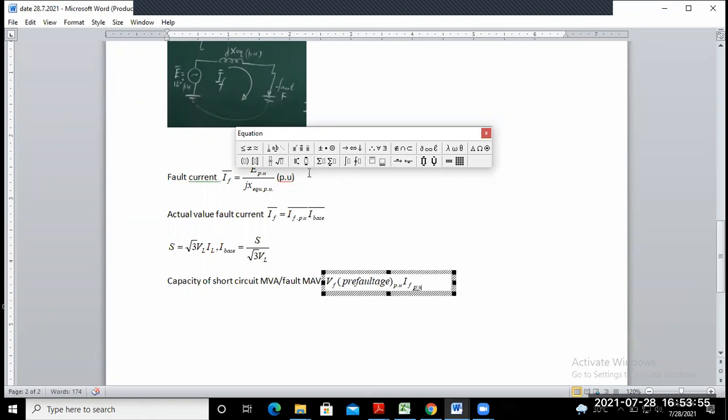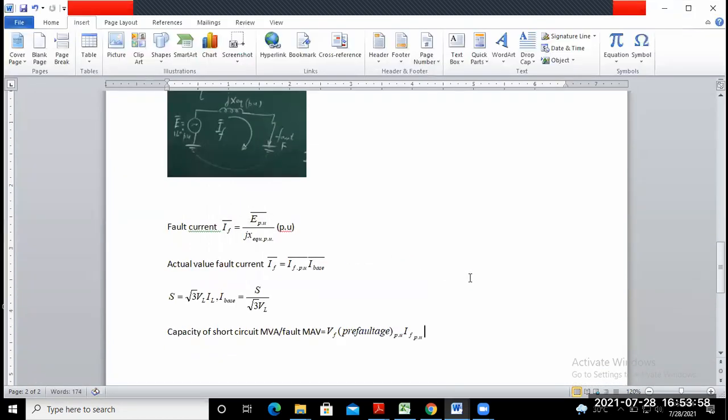Now if you want to calculate the short circuit capacity MVA in actual value, just multiply the per unit value by the base value. So the actual value of short circuit MVA is equal to how much, Rahul?